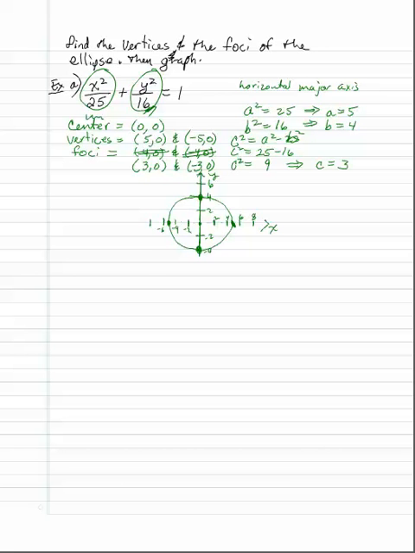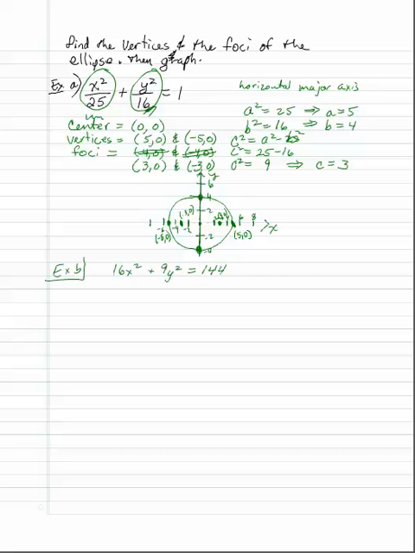And then if I need to label the foci, it's at 3, 0, and negative 3, 0. And so the vertices at 5, 0, negative 5, 0, foci, negative 3, 0, 3, 0. Alright, and that's it. That's all there is to it. So graphing's pretty easy.